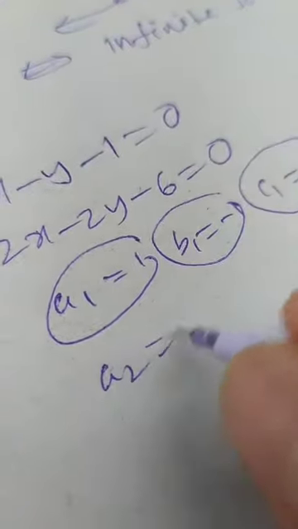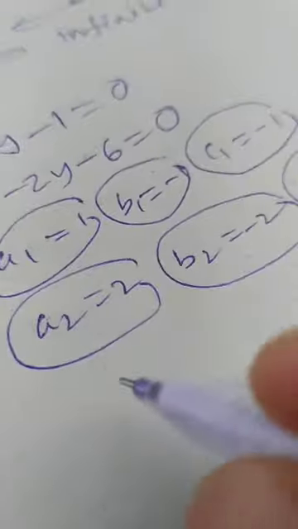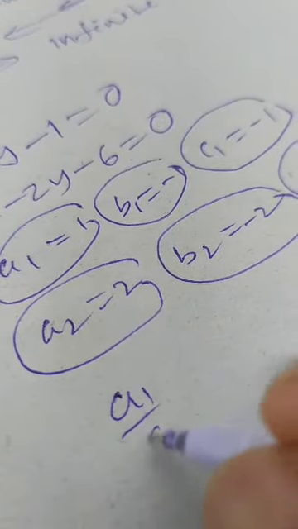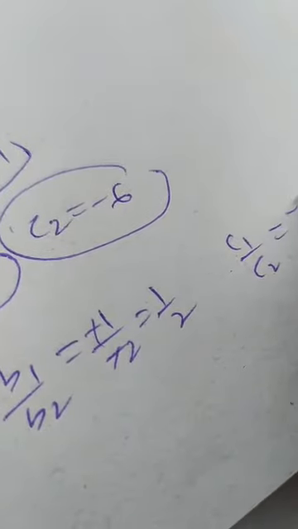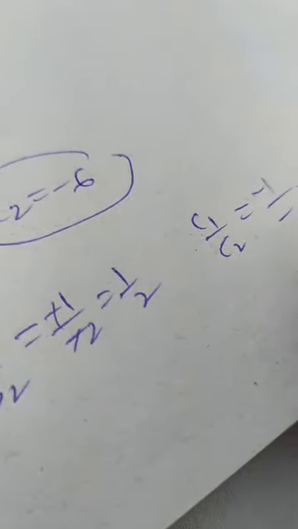From the second equation, a2 is 2, b2 is minus 2, c2 is minus 6. Right, a1 by a2 is 1 by 2, b1 by b2 is minus 1 by minus 2, this is also 1 by 2, c1 by c2 is minus 1 by minus 6, this is 1 by 6.